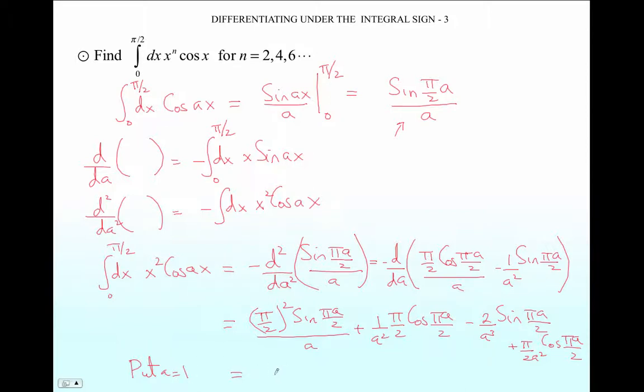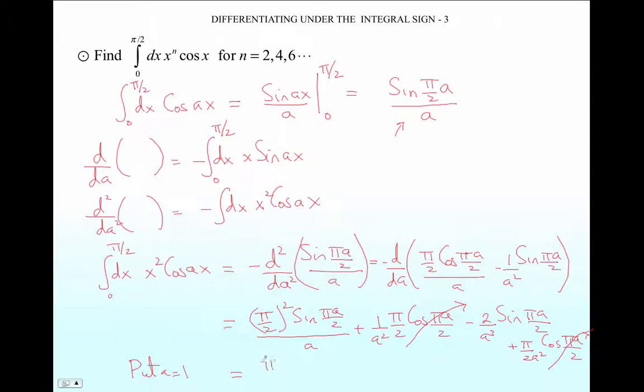So when we put a equal to 1, the left side becomes x squared cosine of x. The right side, you can see that when a is 1, all the cosines will go away. So this will go away and this will go away. And so the only thing that will be left will be sine of pi by 2, which is 1.